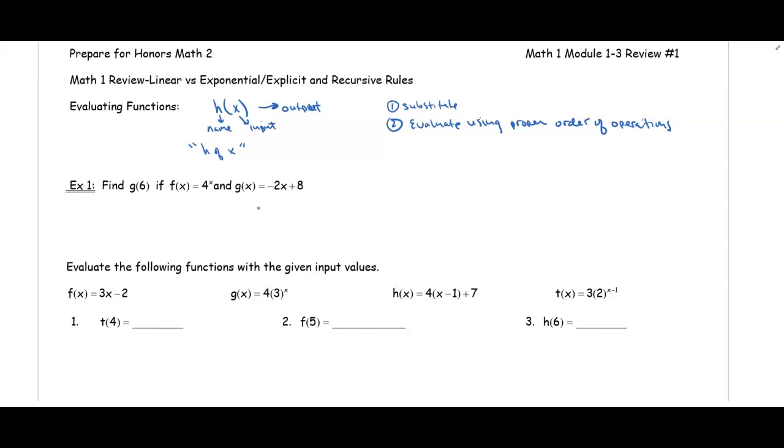If you're dealing with a bunch of different functions, how do you distinguish which one to use? Naming the function using function notation tells you which function to use, and it makes it easy to input a certain value. So when I look at g of 6, I know I'm going to use function g, and I'm going to input 6 for x.